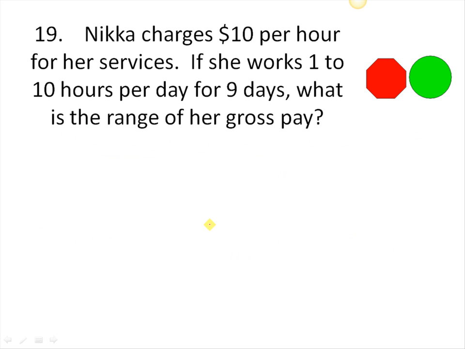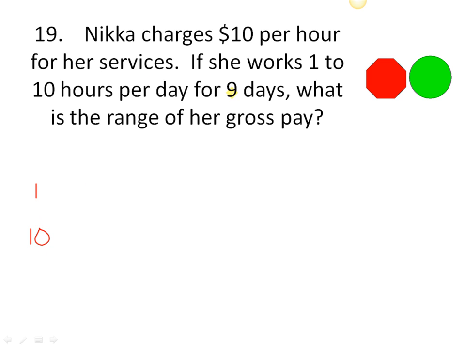Number 19. Nikka charges $10 per hour for her services. If she works 1 to 10 hours per day for 9 days, what is the range of her gross pay? Click on the stop sign. Okay, let's see how you did. Well, let's see. She works 1 to 10 hours per day. So on day 1, she either works 1 hour or she works 10 hours.